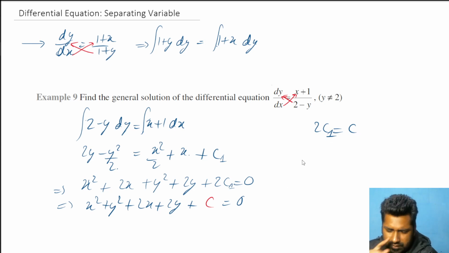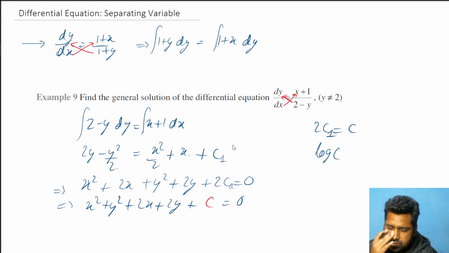So 2 multiplied by a constant, 3 upon a constant, any operation with a constant, even log c, is also a constant. Means it's not necessary that I write c1 only. If I require, I can write log c1 also, because that's also another way to represent a constant.